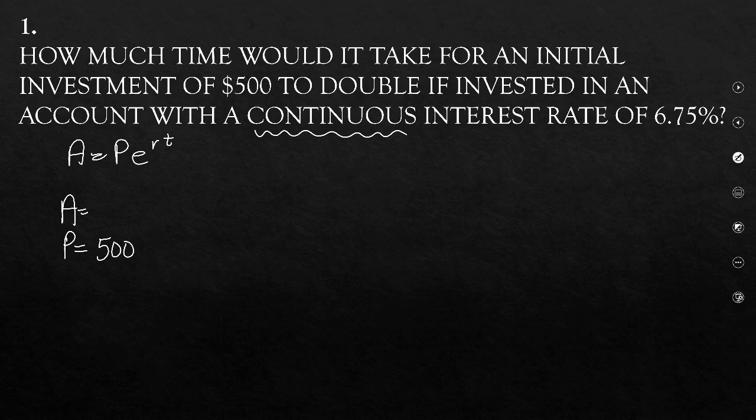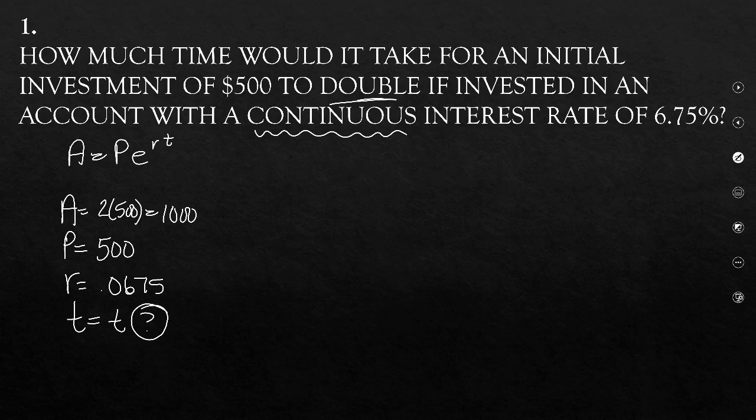Our final amount is if we double it, so 2 times 500, which would be $1,000. The rate that we have is 6.75%, so 0.0675. And the time is what we are looking for. That's our big question mark. How many years does it take for that to happen?